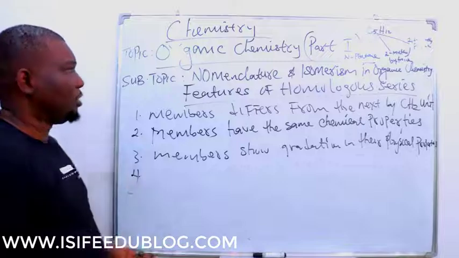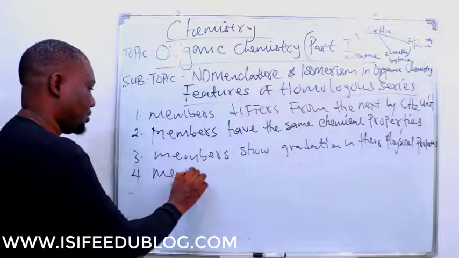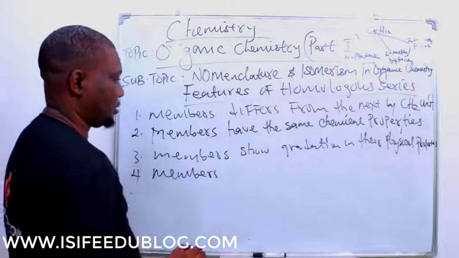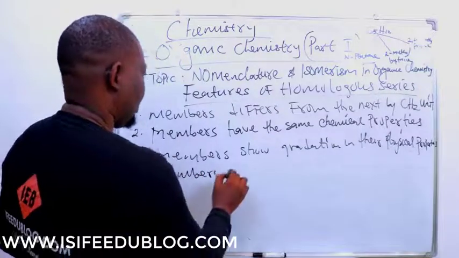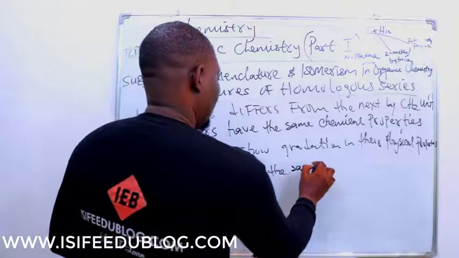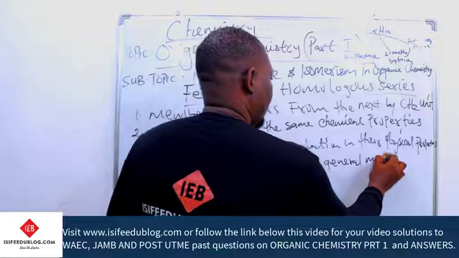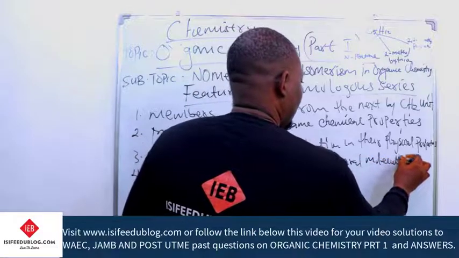Number 4, the features of a homologous series: members have the same general molecular formula.